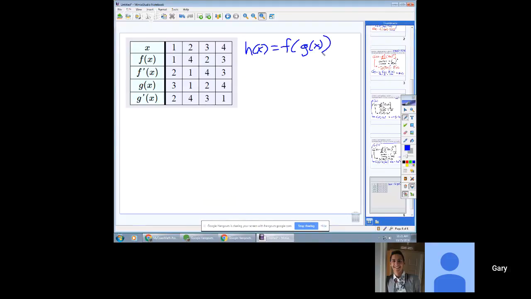I got that order correct. Okay. And then our goal is to calculate h prime of 2. So I would start this by just taking the derivative of h, which is f of g of x. So think about outer and inner functions and write down what you think that derivative ought to be.